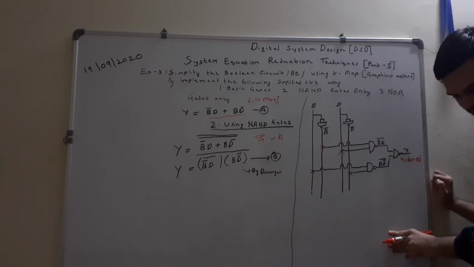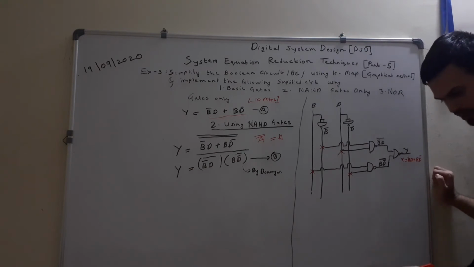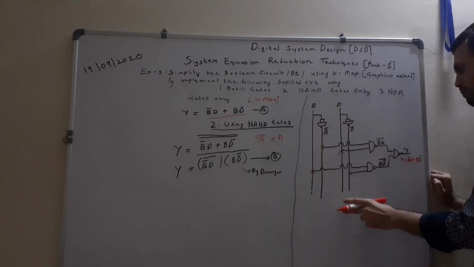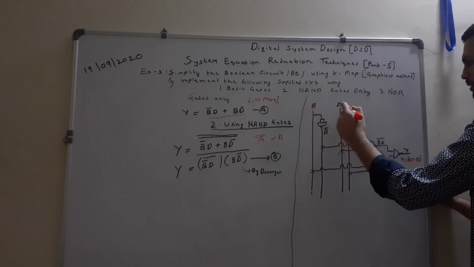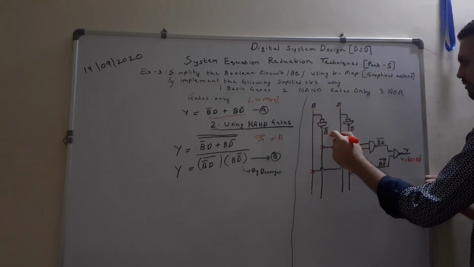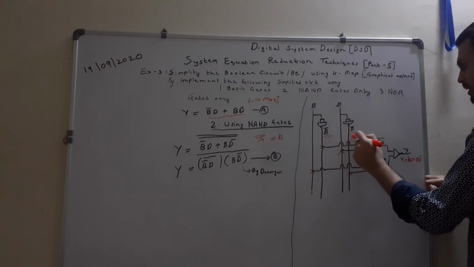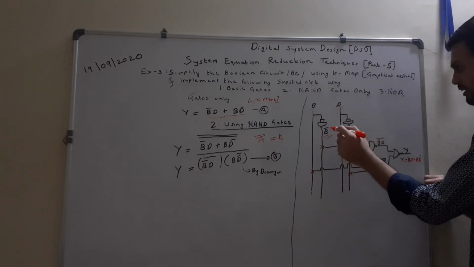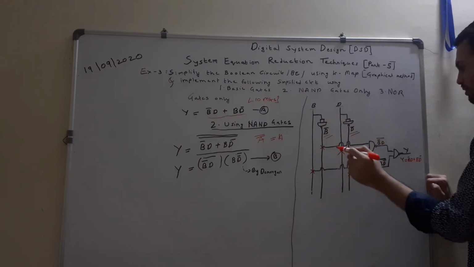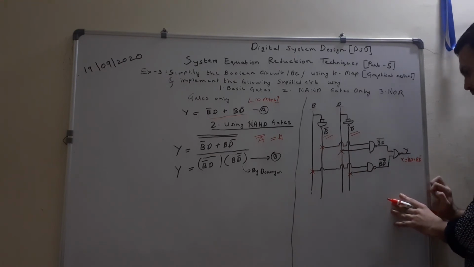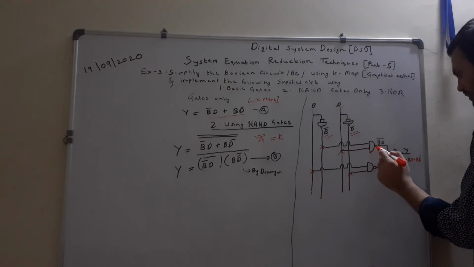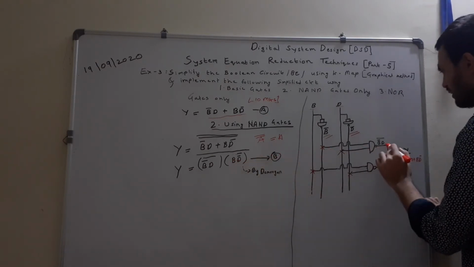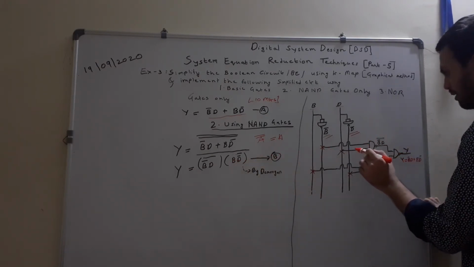So when we realize this equation number b in NAND gate logic, here is my input signal b and d, and I have generated its complement using a NOT gate, which I have designed using NAND gates only, because we are supposed to use only NAND gates. And then I have just tagged the signals. Now first term is b bar d the whole complement. Now how will you realize b bar d the whole complement?